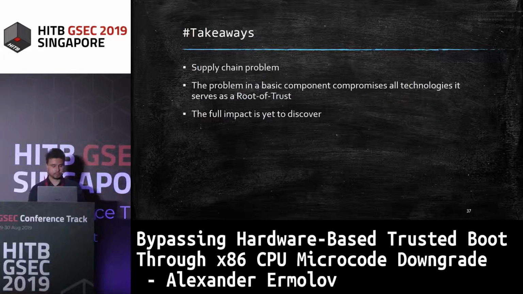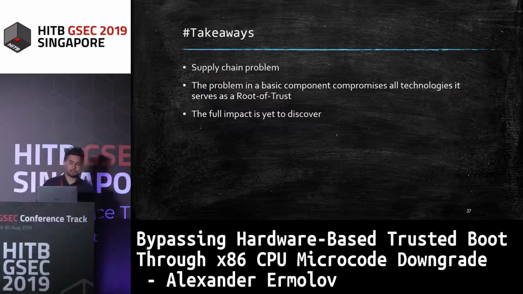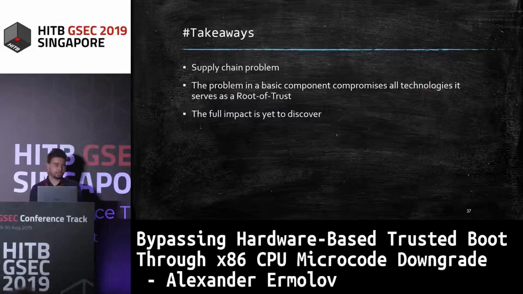So let's see a few takeaways from this problem. This is a supply chain problem, as was mentioned before. The problem exists in a basic component, and we saw how it influences and compromises all technologies for which it serves as a root of trust.